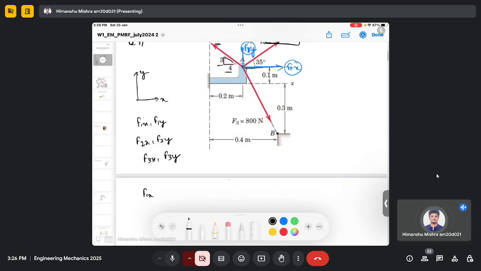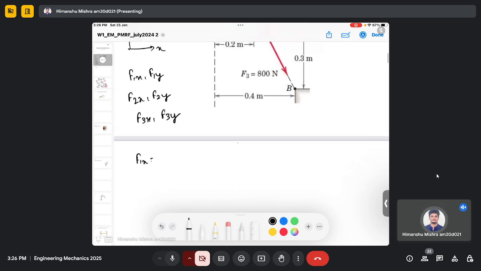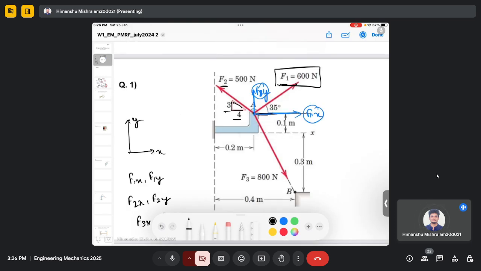It is pretty straightforward. My F1x will be F cos theta, right? And theta is 35 here.